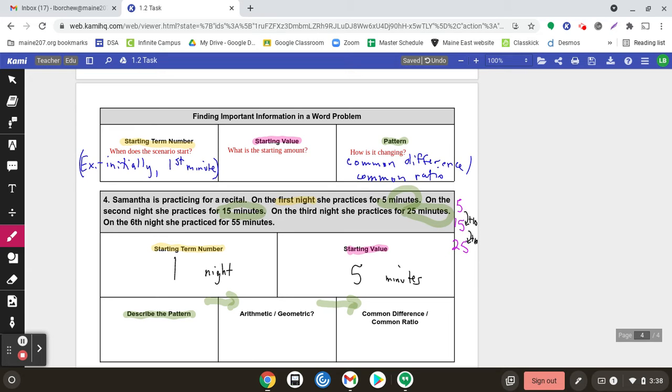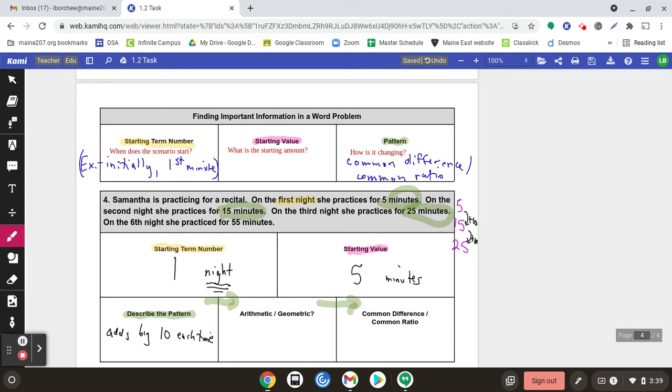So I would say that she adds by 10 each time. And if you wanted to be very specific, it's not even each time, it's each night, because we have this label. But I'll say adds by 10 each time.